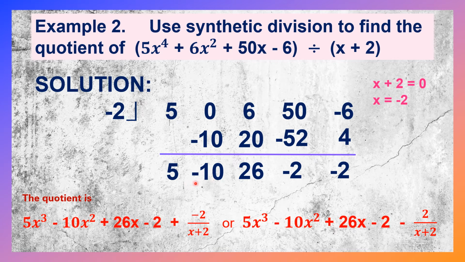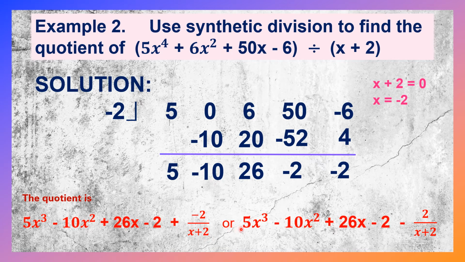So 5x cubed minus 10x squared plus 26x minus 2 plus our remainder, which is negative 2, over our divisor, which is x plus 2.